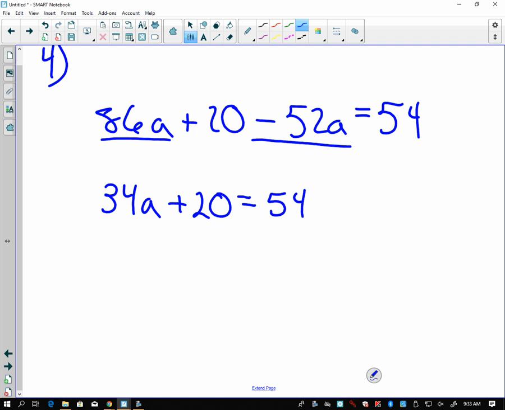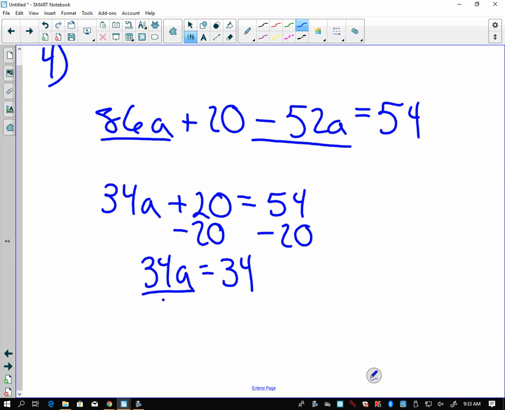Okay, what do you say, Jeremy? Subtract 20 on both sides. All right, so I got 34A equals what? 34. But I'm going to go ahead and show the work. So what am I going to do to show the work? Divide by 34 on both sides. So A equals 1.